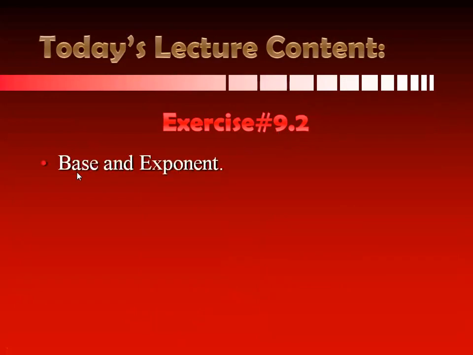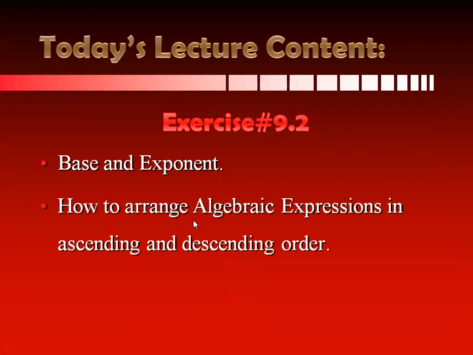Now, students, if you remember, we have completed exercise number 9.1 in our previous lectures. And what are we going to start today? We are going to start exercise number 9.2. The topics of exercise number 9.2 are number 1, base and exponent, and number 2, how to arrange algebraic expressions in ascending and descending order.